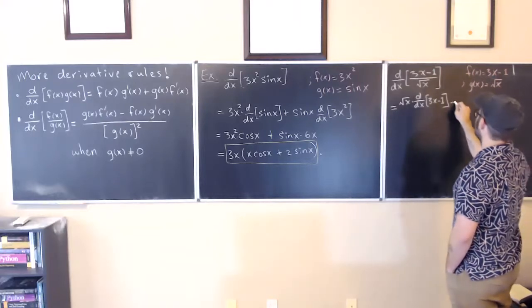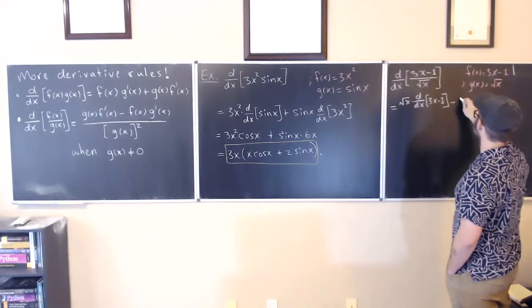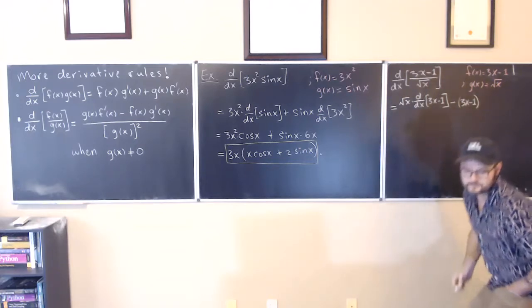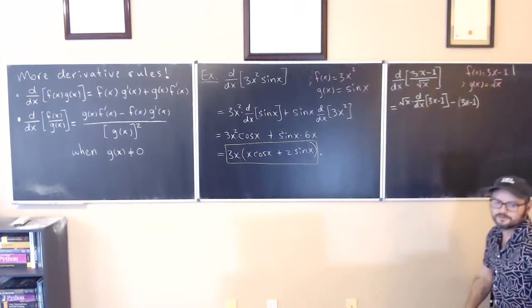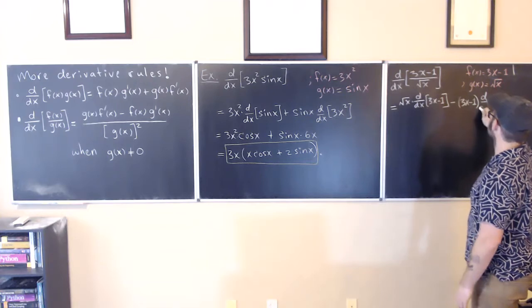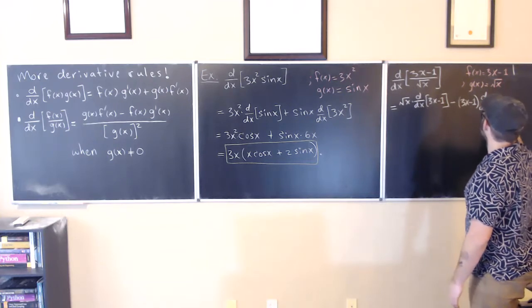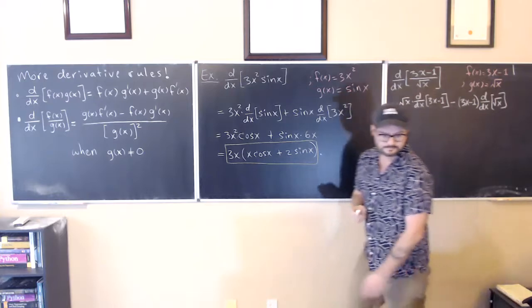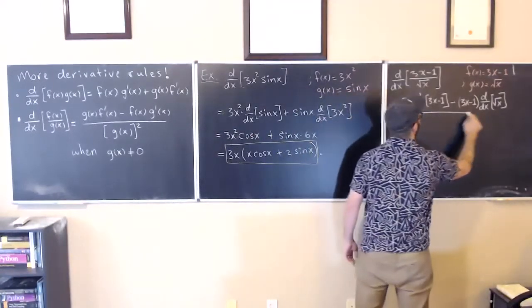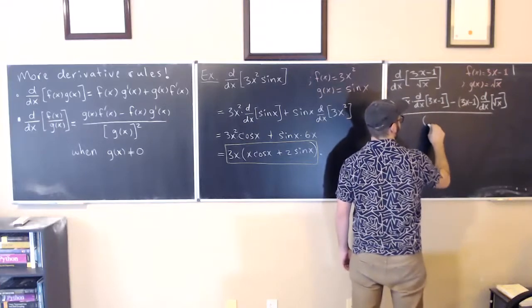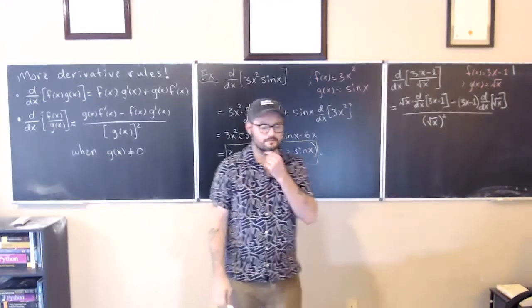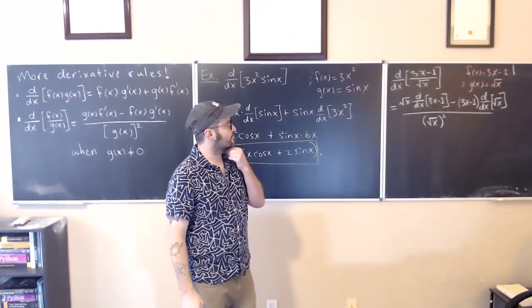Minus f, hopefully you can read that, it looks a little blurry, times the derivative of x. And this is all divided by g squared. Okay.